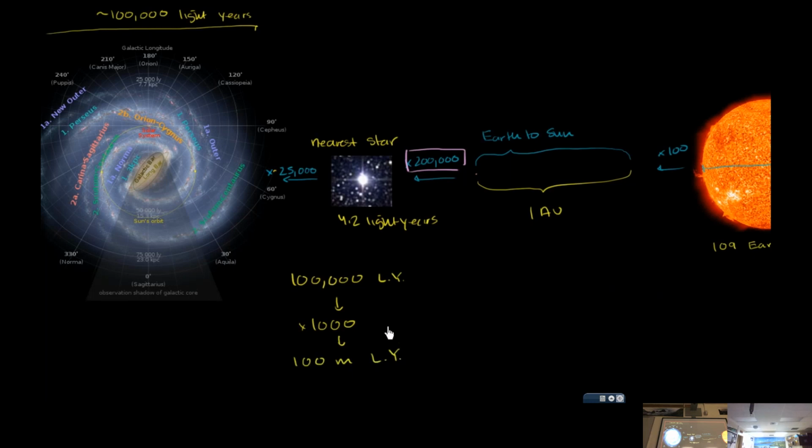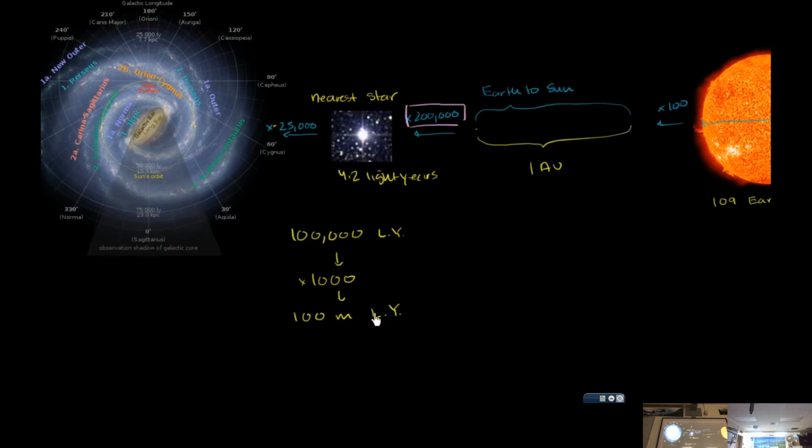Right? 100,000 times 1,000 is 100 million. You have to multiply by 1,000 again to get to 100 billion light years. And the universe, for all we know, might be much, much larger. It might even be infinite. Who knows? But to get from just the diameter of the Milky Way to the observable universe, you have to multiply by 1,000,000. And already this is an unfathomable distance.